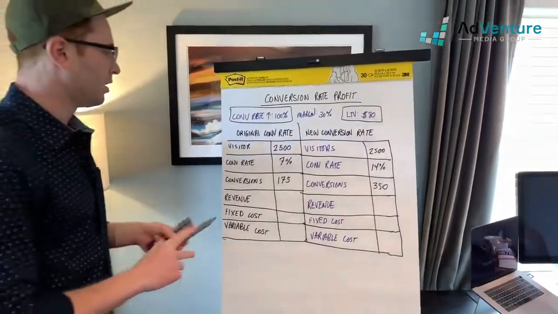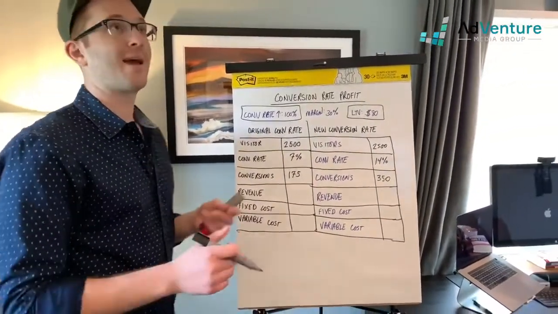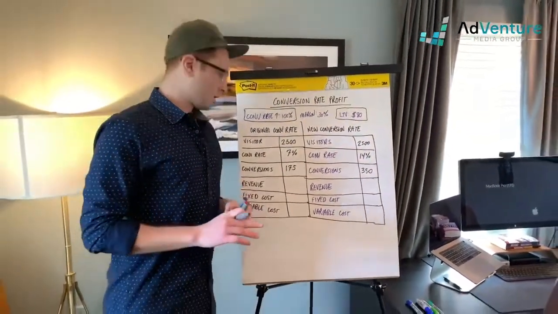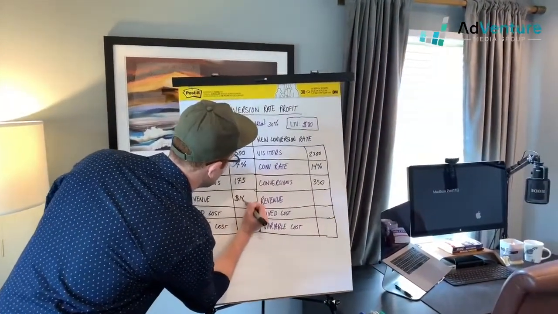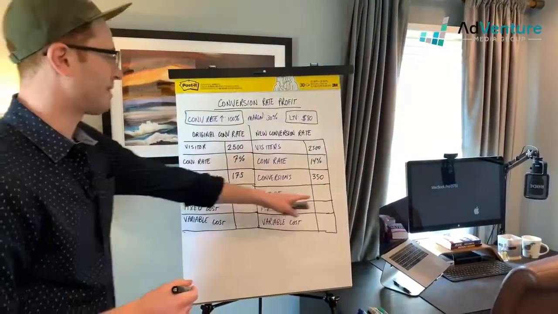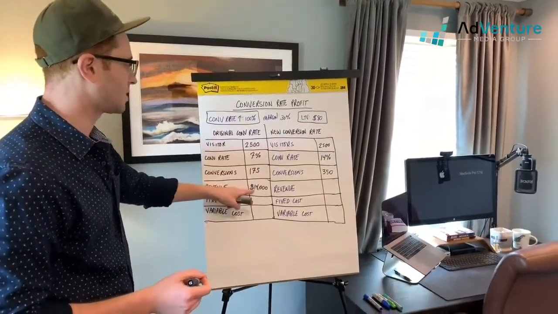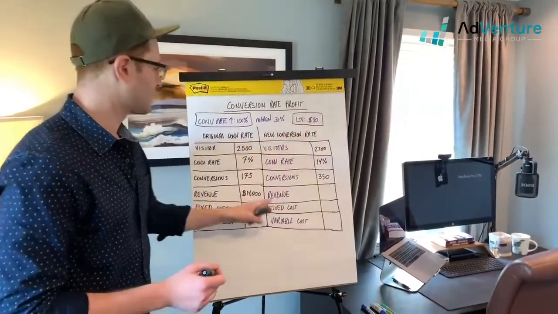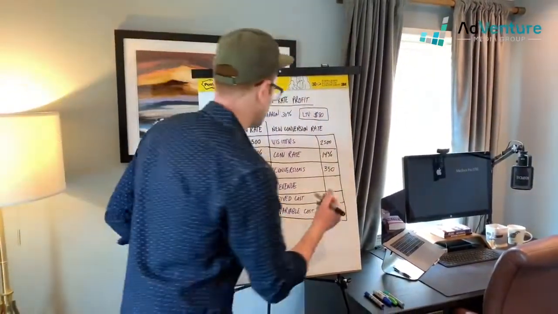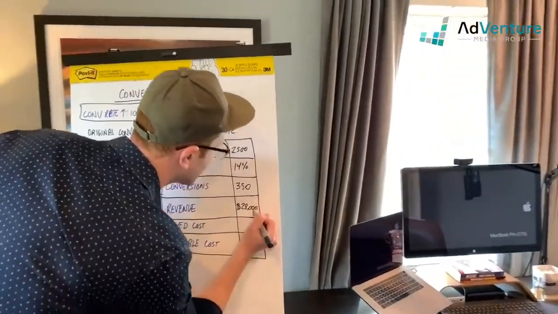You take the total amount of conversions and multiply that by $80, and that comes out to $14,000 in revenue, okay? We've doubled conversions, and we know that 175 times 80 is 14,000. 350 times 80 is going to be double this, right? So we're at $28,000 in revenue with an improved conversion rate.